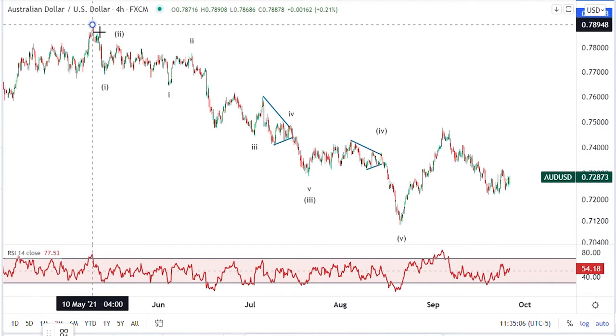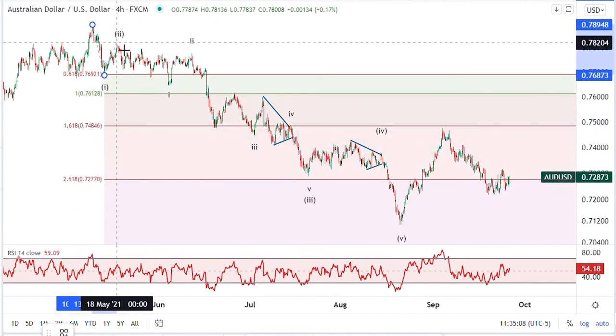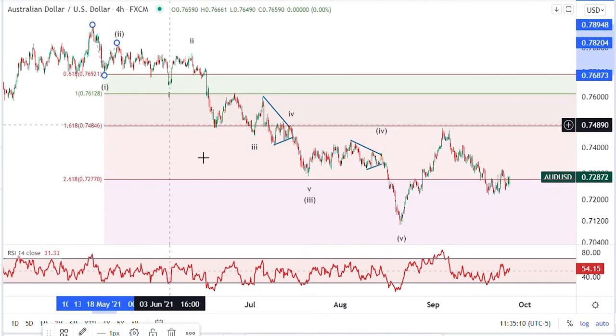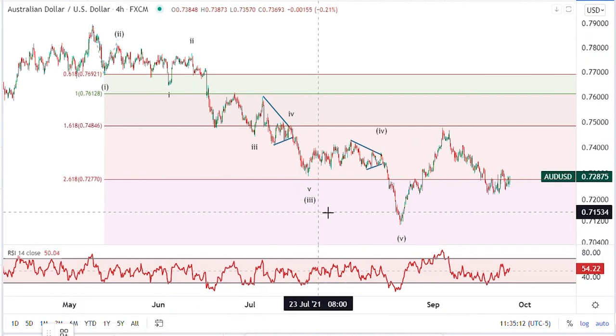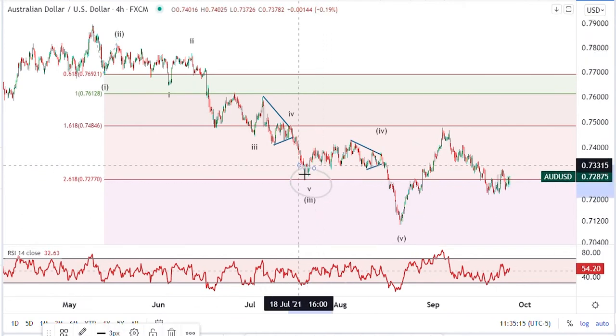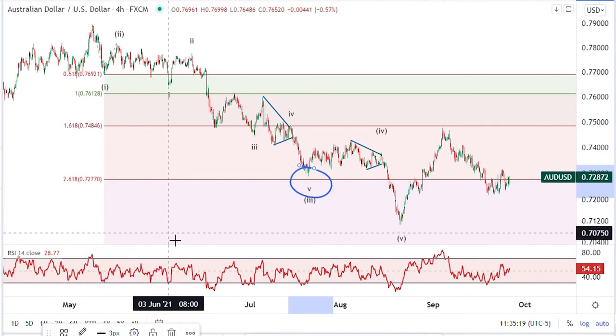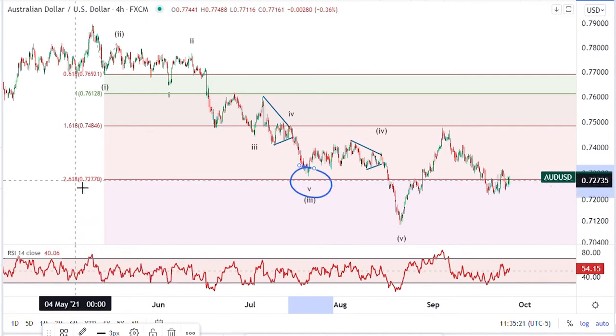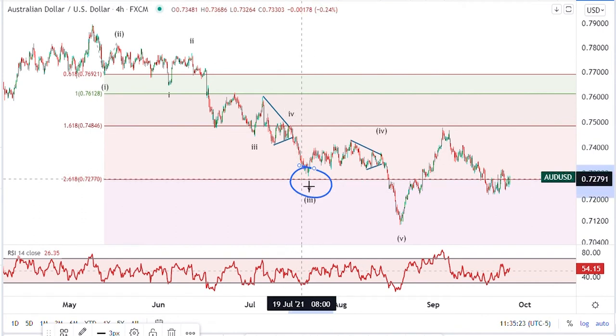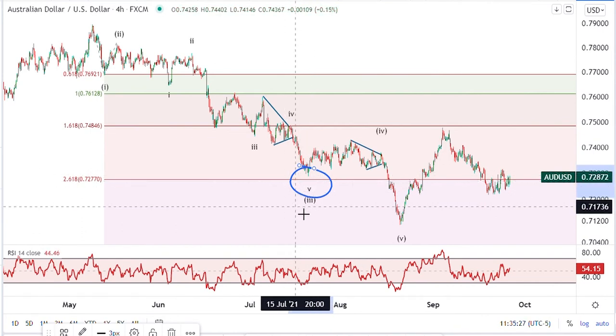So for example, if we measure out the length of wave 3 versus the length of wave 1, you'll notice that this wave 3 comes in pretty close to the 2618, which is a common Fibonacci wave relationship.